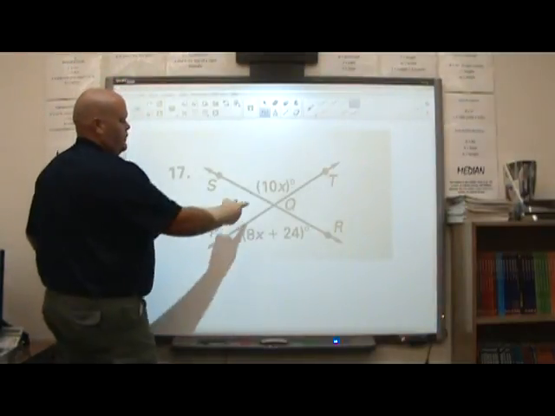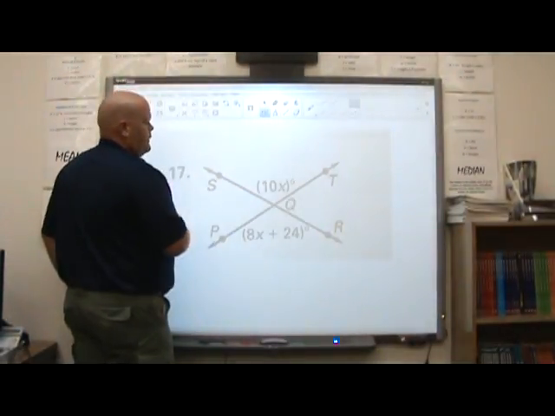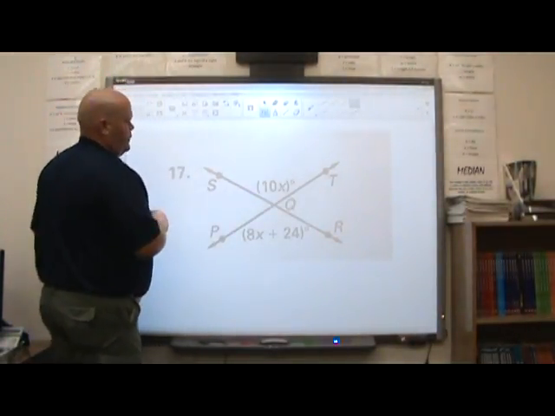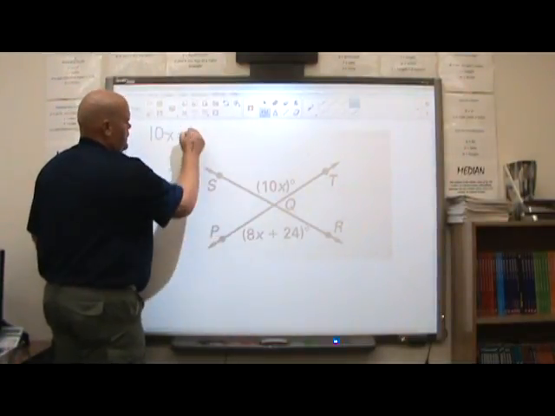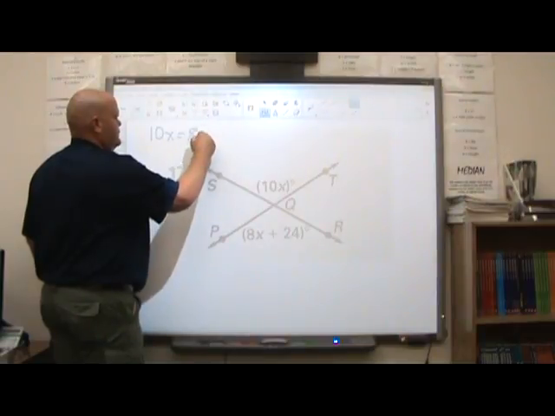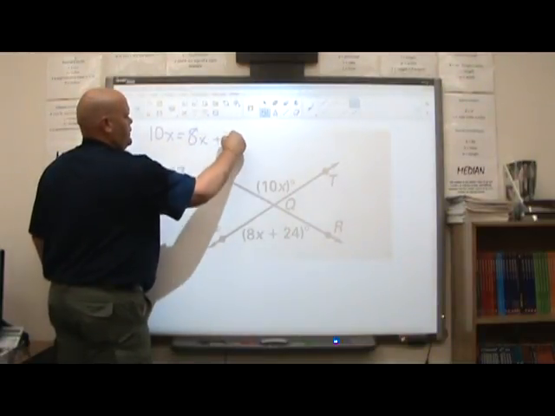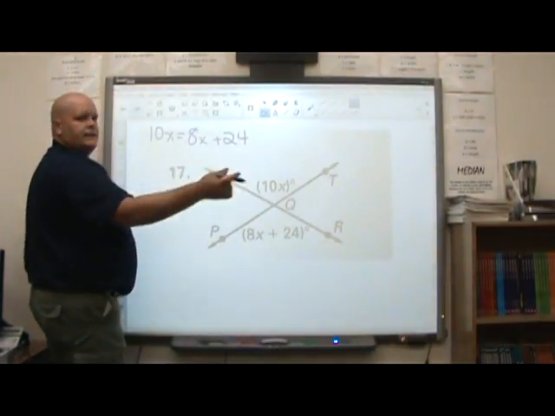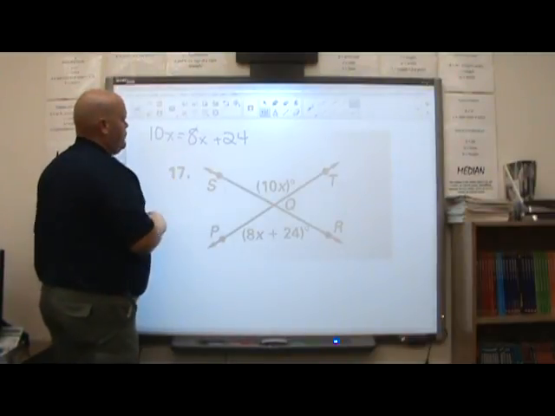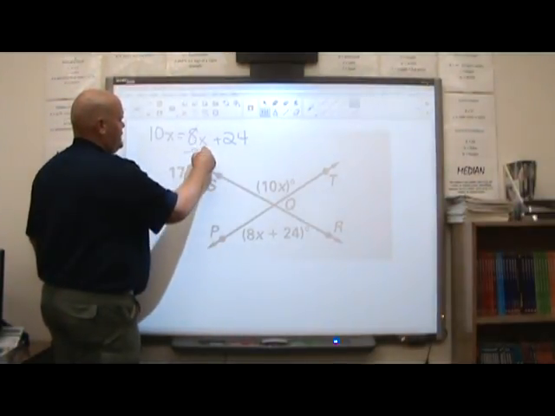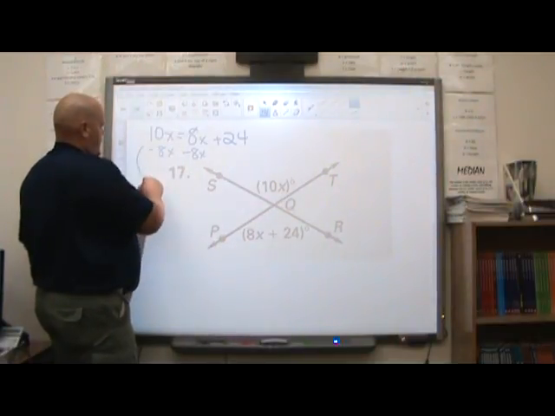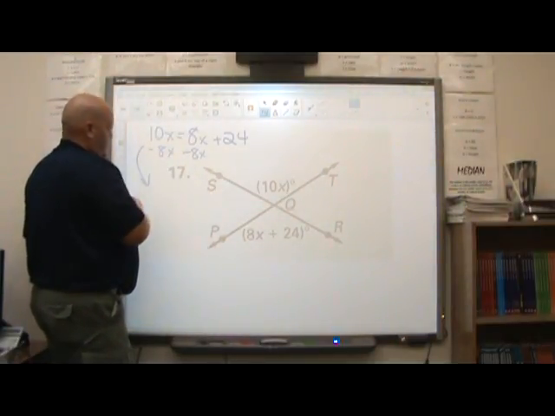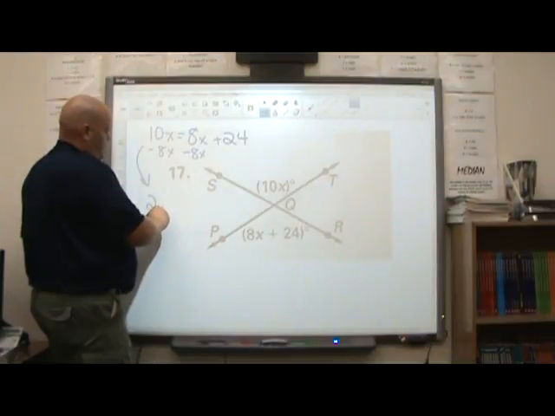Same thing with this, but notice we have a variable on each side. Much like a problem we did earlier, I'm going to do 10x, vertical angles, equals 8x plus 24. Now I've got a variable on both sides. I need the variable on one side, the letter on one side. So I'm going to subtract 8x from both sides. 10 minus 8 is 2, so that leaves me 2x.